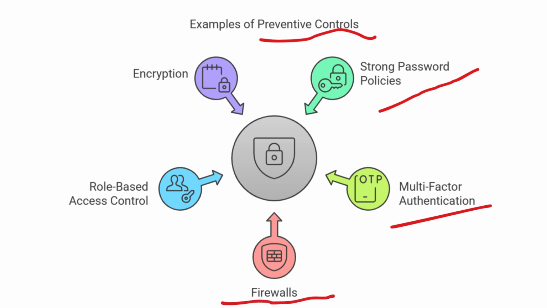Firewalls for blocking unauthorized traffic from entering the network. Role-based access control, RBAC, ensuring only authorized users have access to certain data. Encryption for protecting sensitive information from being read by unauthorized users. The goal of preventive controls is to reduce the chances of a security incident happening.